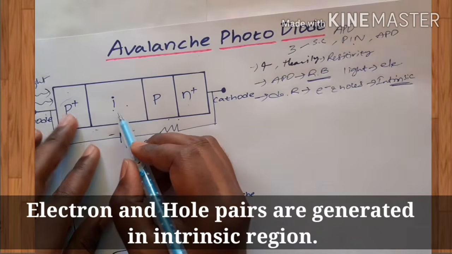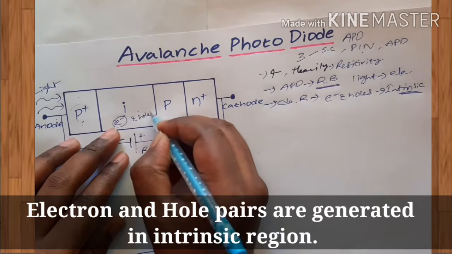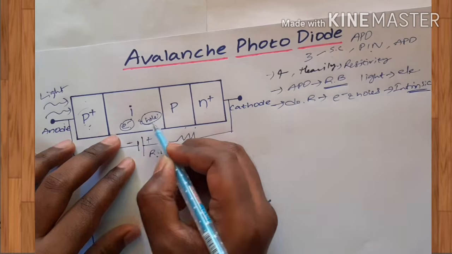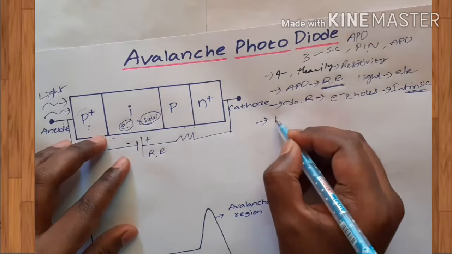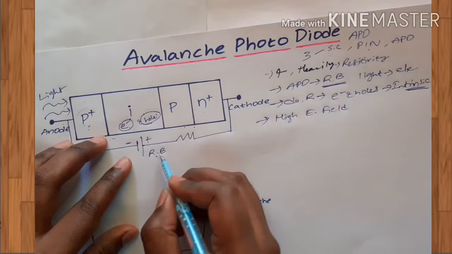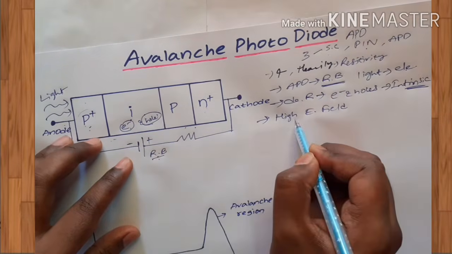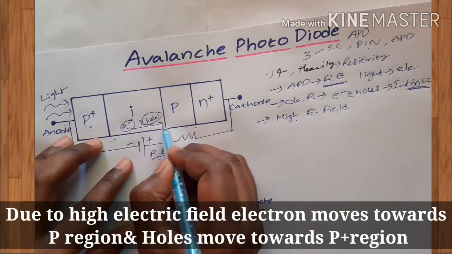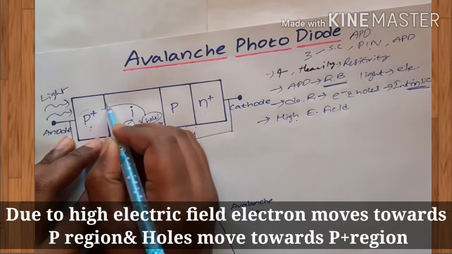These generated electron and hole pairs experience a very high electric field due to reverse bias. Because of this very high electric field, the electrons drift towards the P region and the holes drift towards the P plus region.